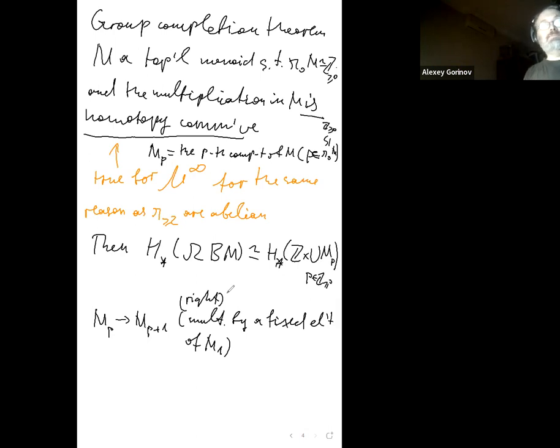Now, okay, just to be on the safe side, let's replace the union with the telescope. Although in our case this union will be a genuine union.